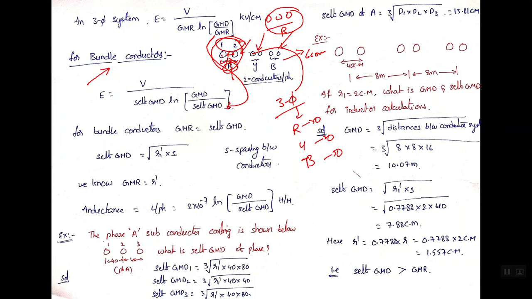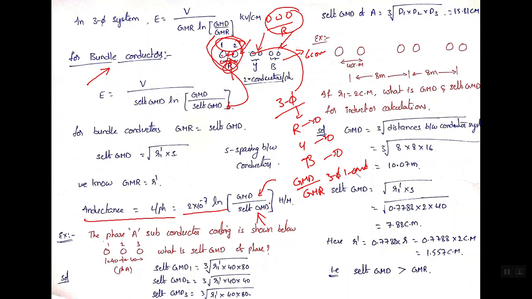Okay, so the formula for inductance is 2 into 10 power minus 7 ln of GMD by, actually it is GMD by GMR for a 3 phase single conductor system, but in case of this bundle conductor, it is GMD by self GMD.